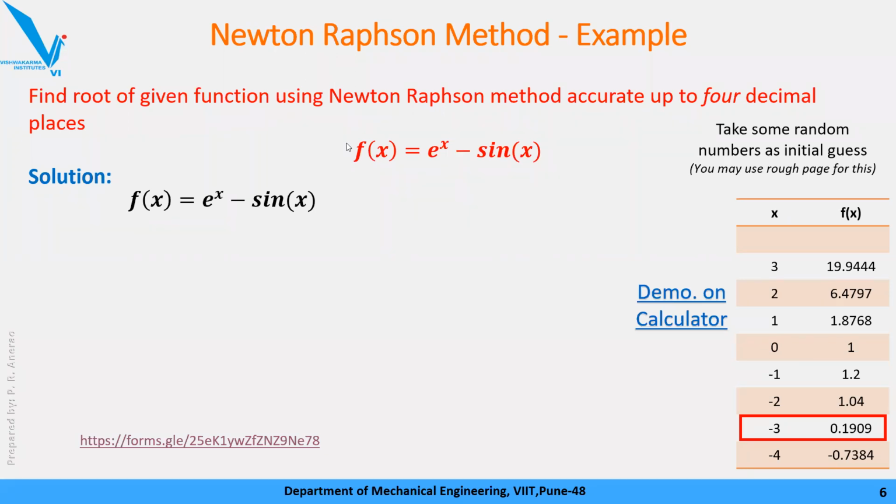If it is close to 0, take the corresponding x value, and never go for values in decimal places for the initial guess. The initial guess should be plain and simple, -5, -3, or 2, 3, 4, 5, like this. Okay, I hope I have answered your query.